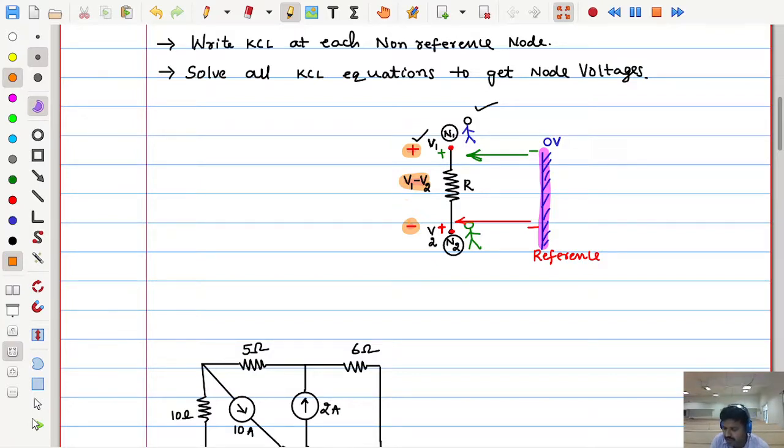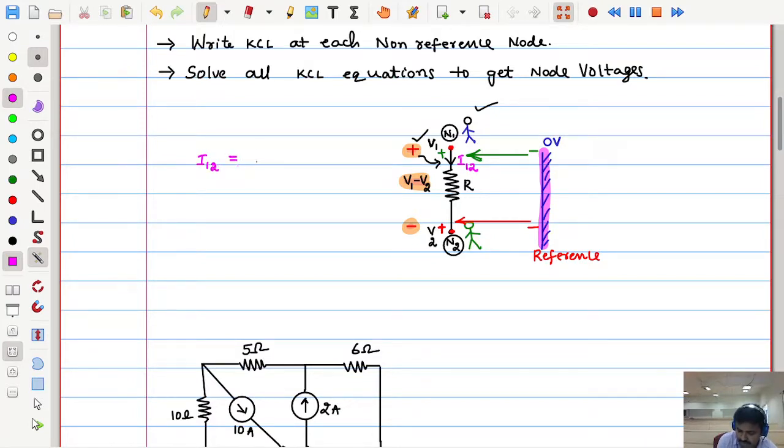Now tell me, we already know the resistor's nature. It is a passive element. Wherever positive voltage is there, current should enter, right? If I know the voltage across the resistance, can you tell me how much is the current through this resistor? Can I call this current I12? That means current is flowing from the node 1 side to the node 2 side.